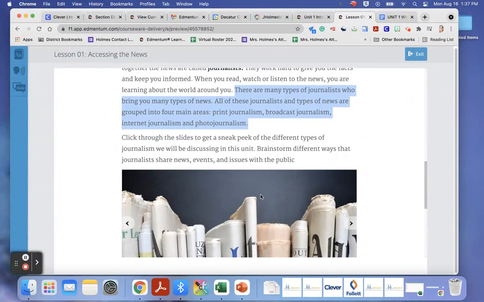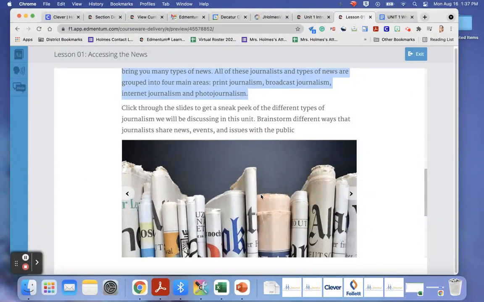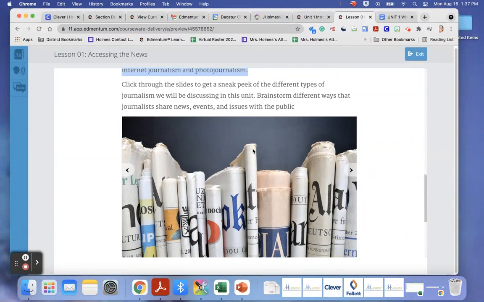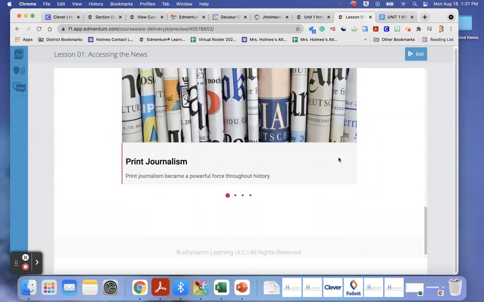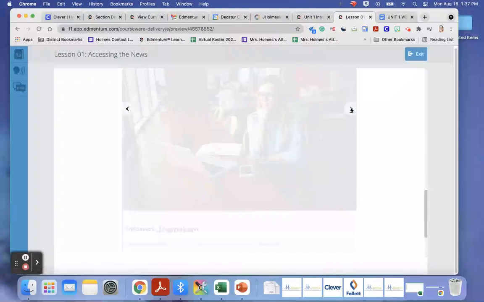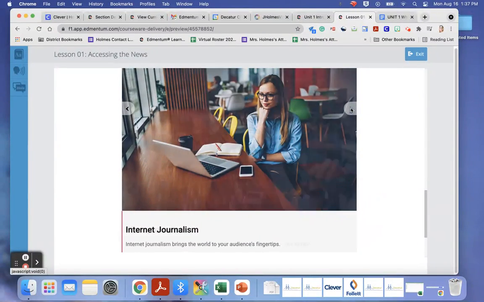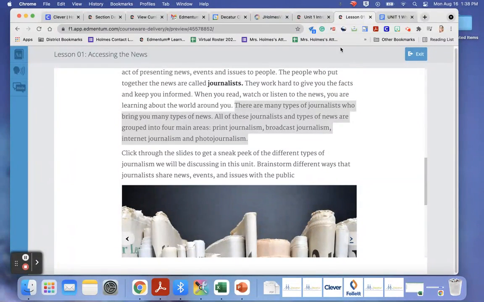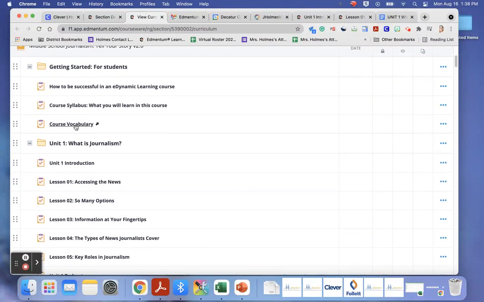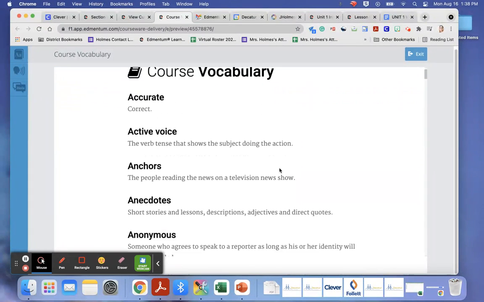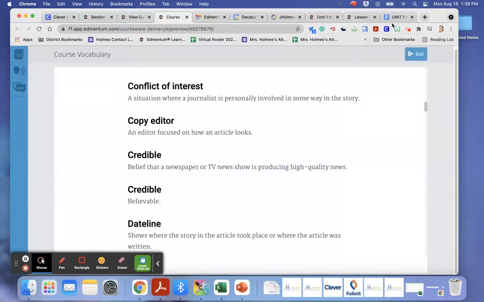Click through the slides to get a sneak peek of the different types of journalism we will be discussing in this unit. Brainstorm different ways that journalists share news, events, and issues with the public. Another way, remember, if we go back, you have course vocabulary and you can look them up.